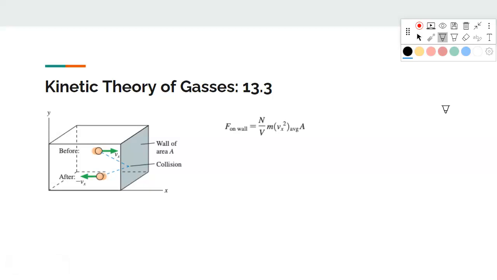And so what you can do, and it's done in the book for you, but we're going to skip through it a little bit, is you can say before the collision, this particle has some momentum mv. After the collision, it has some momentum negative mv. And so we can write the change in momentum is negative 2mv.